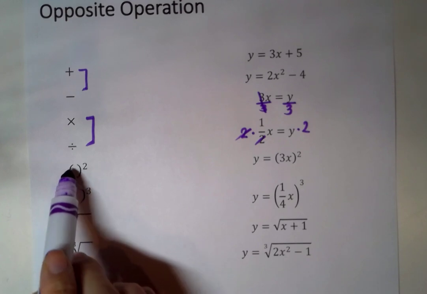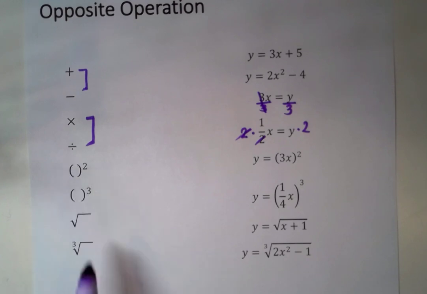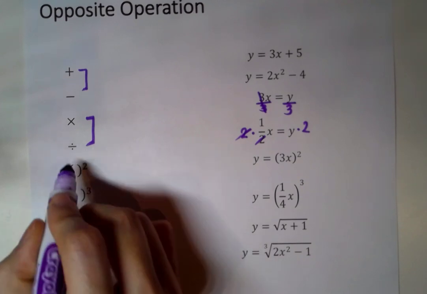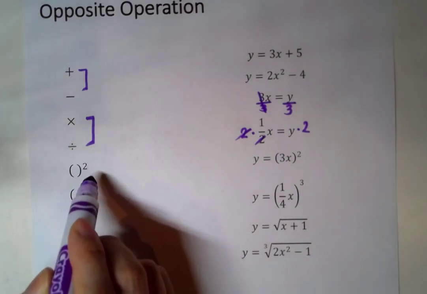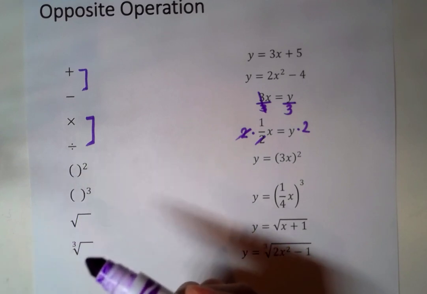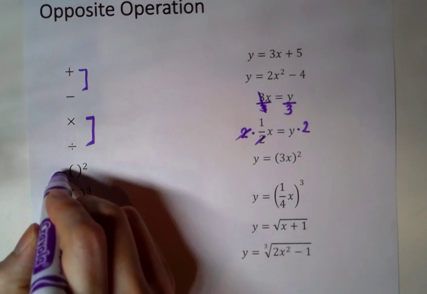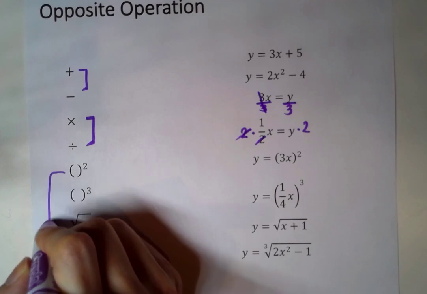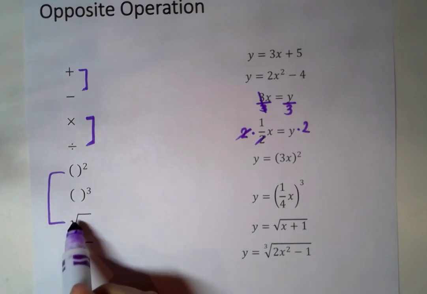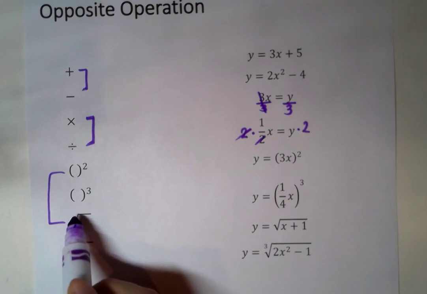And look, you have something squared, right? So you have parenthesis squared, then the opposite of square is what? Square root, right? Square root here. So you know this one, guys. There's no 2, but if you don't have any number here, then that means 2.